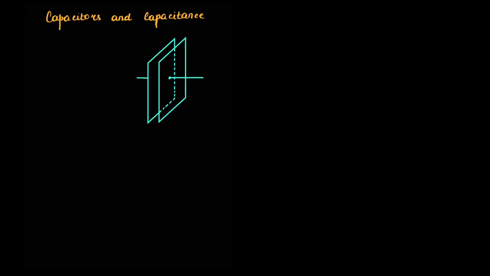They could be in spherical shape, cylindrical shape. In our case, I have drawn two parallel plates. Now our two conductors here are these two parallel conducting plates. So that's why this capacitor is called a parallel plate capacitor.